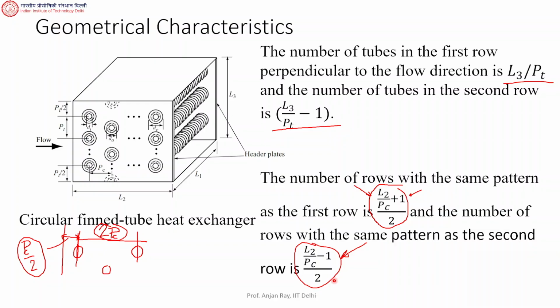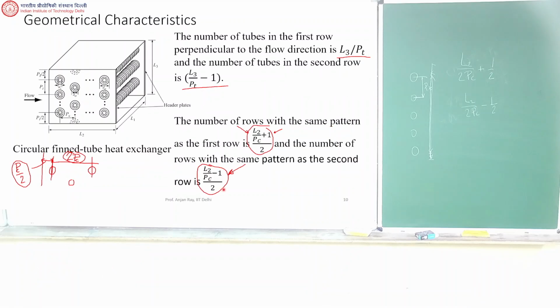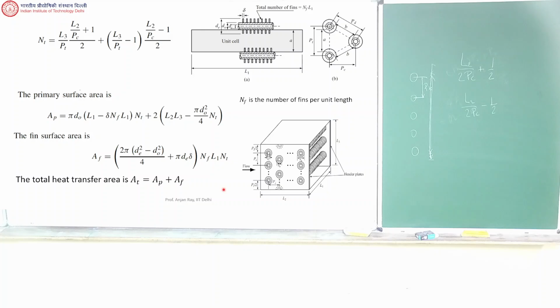Okay, last expression. So we got information on the number of tubes and the number of rows. Number of tubes in the first row, number of tubes in the second row, and the number of rows similar to first and similar to second. Okay. What's the point doing all this?